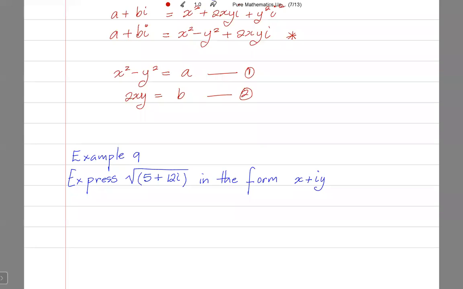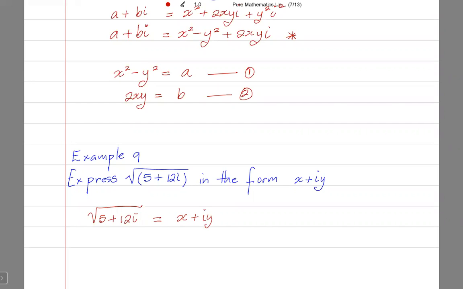So example 9 says, express the square root of 5 plus 12i in the form x plus iy. Exactly what we said, this is 5 plus 12i. We're going to say that this is equal to x plus iy.